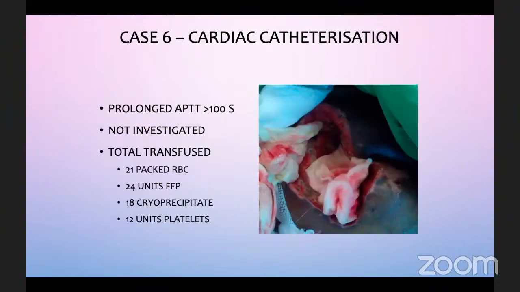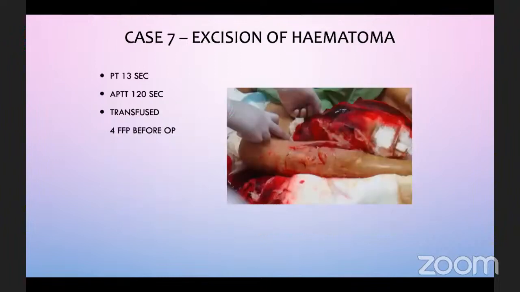Okay, somewhat the same case, prolonged APTT more than 100 seconds, not investigated, went in, did a cardiac catheterization, and then the patient bled so much before the diagnosis was made, and then complicated by a wound that was infected and required a lot of problems.